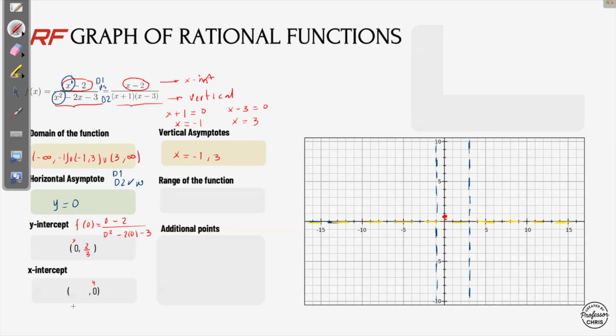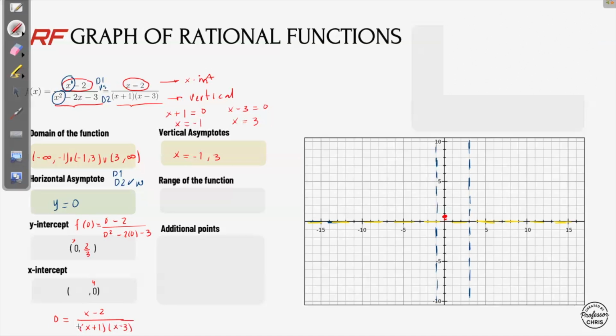Now the x-intercept pretty much comes from the numerator. So you could say that 0 is equal to x minus 2 divided by x plus 1 times x minus 3.